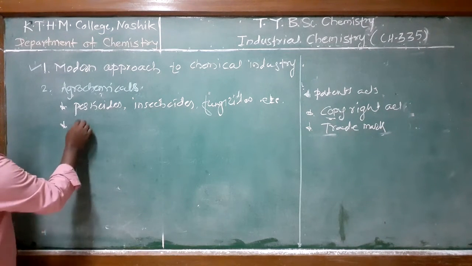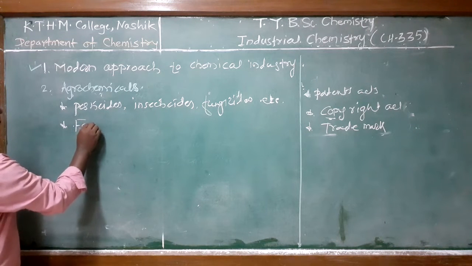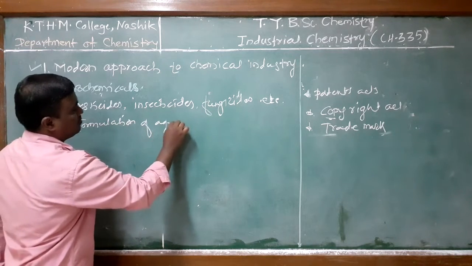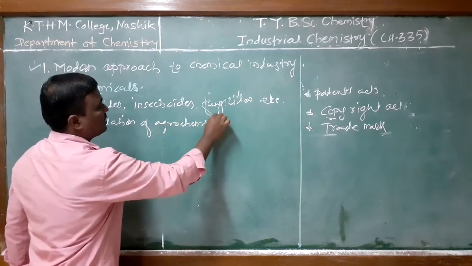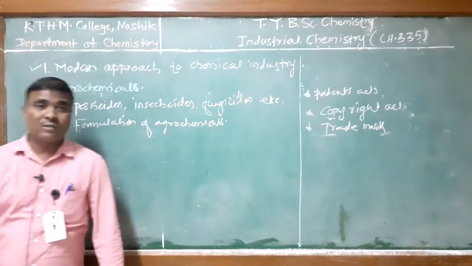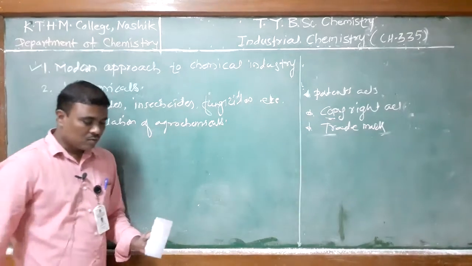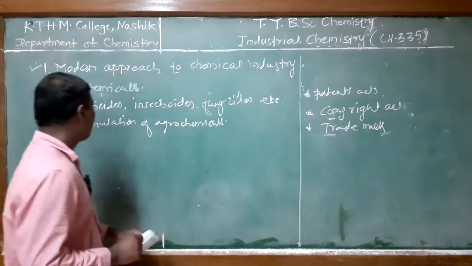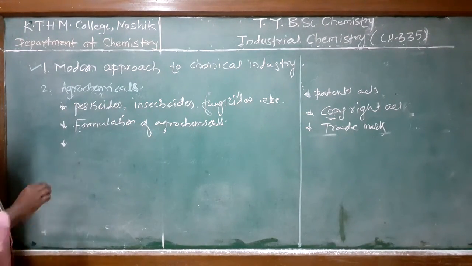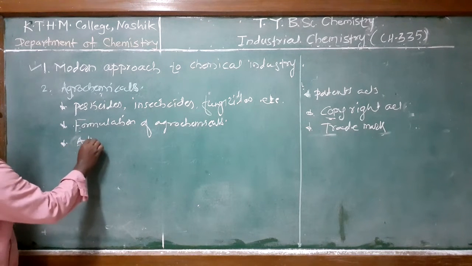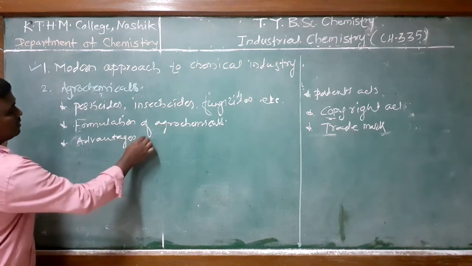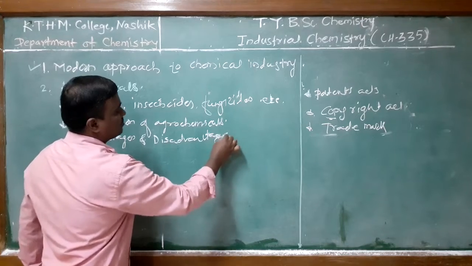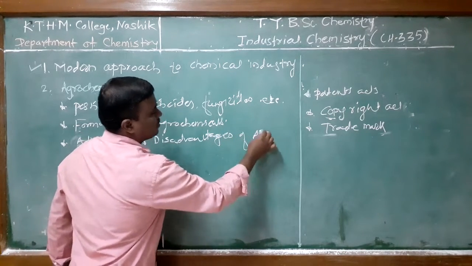Later on we are going to discuss formulation of agrochemicals, because the products which we are getting are not the pure agrochemicals, they are formulated, because only some amount of active ingredient is there and other additives are there. So, formulation we are going to see. Next we are going to see advantages and disadvantages of agrochemicals.